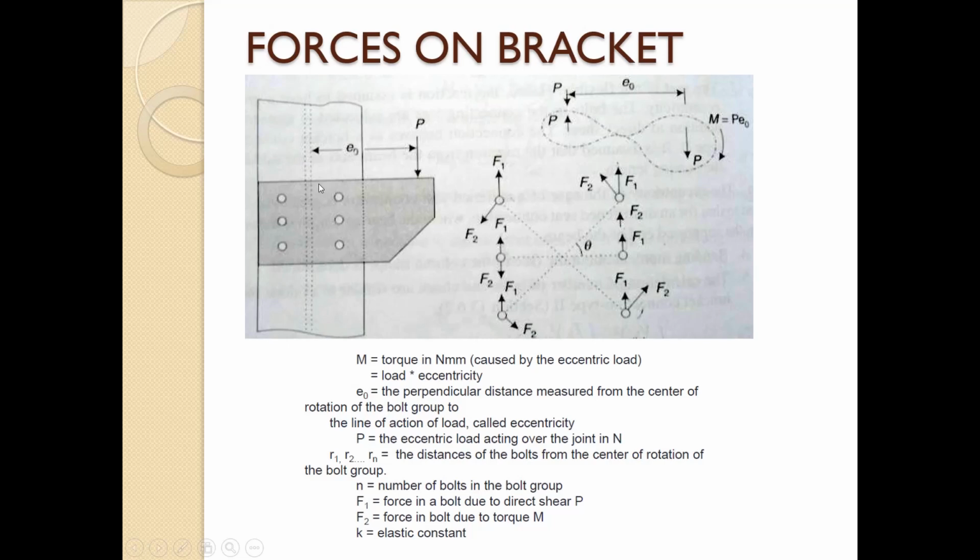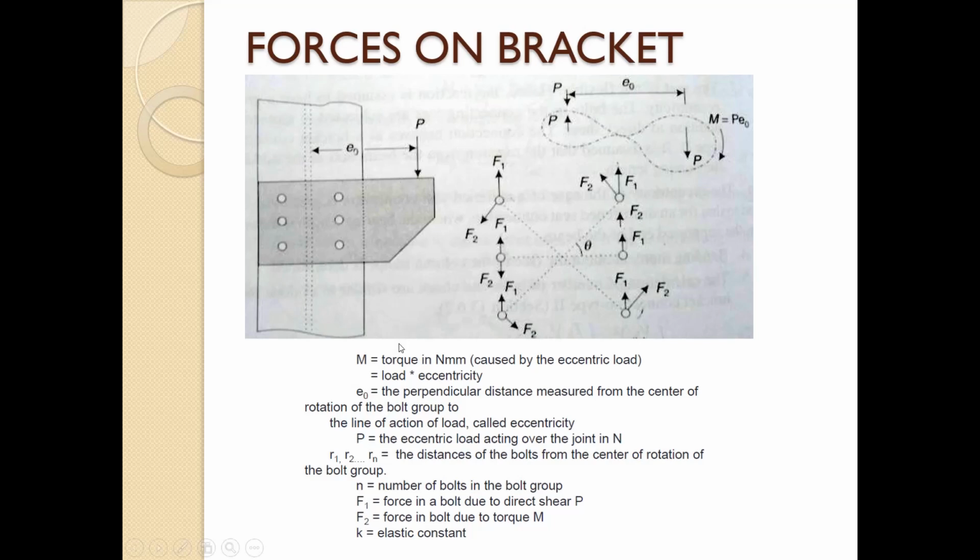So obviously we need to develop a resistance in the anti-clockwise direction, as well as a force resisting this P, which is distributed on all the rivets. Here M is the torque in N-mm caused by this eccentric load, that is load times eccentricity, P into E0.